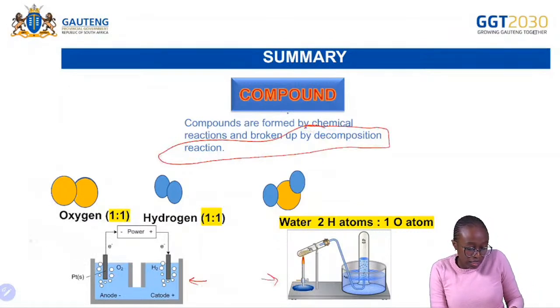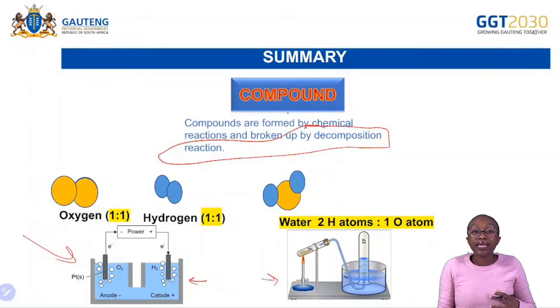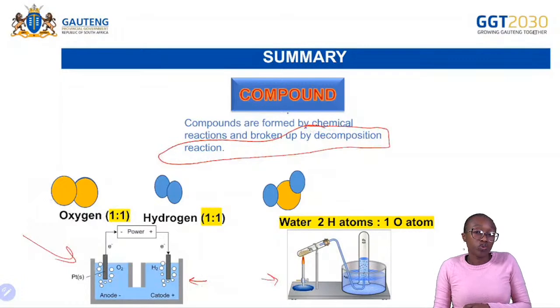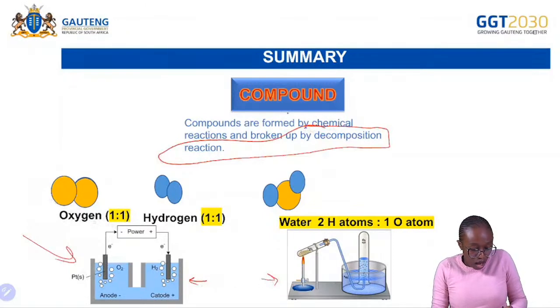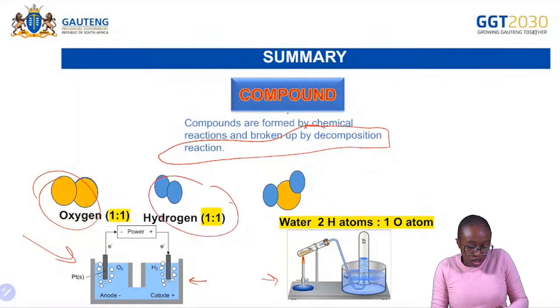This is electrolysis, where an electric current is passed through a solution of the compound that we want to break down. For example, here we've got water, and electric current is passed through the water to give us oxygen and hydrogen. And then we have the second one, where we're going to use heat.